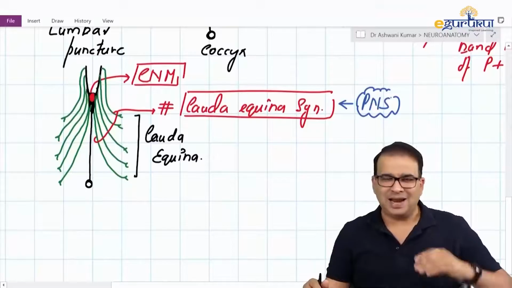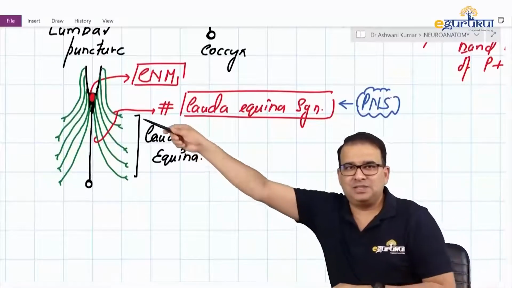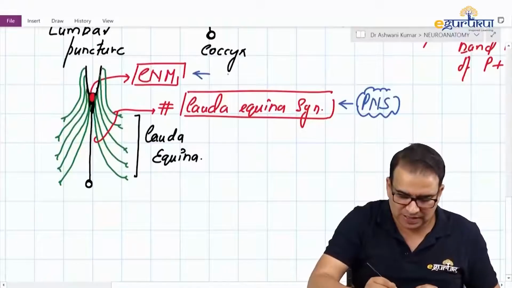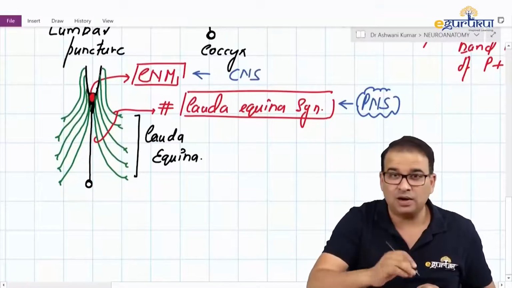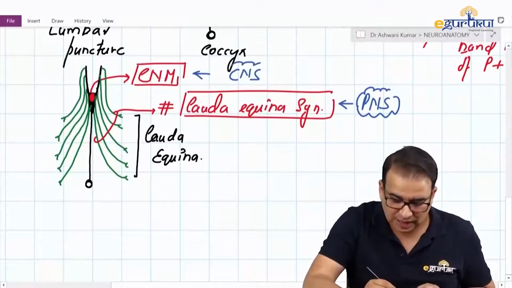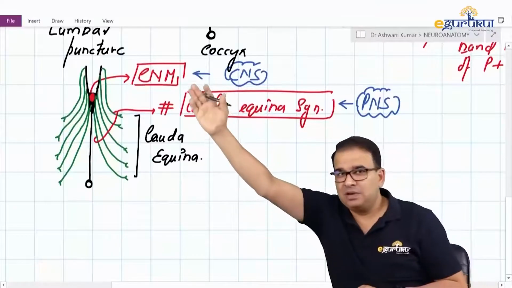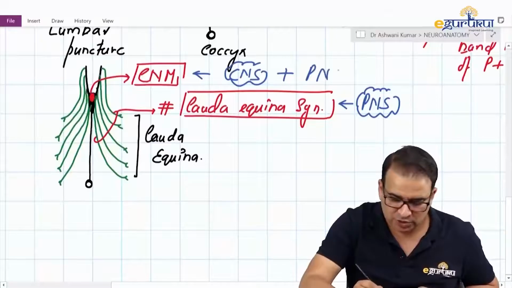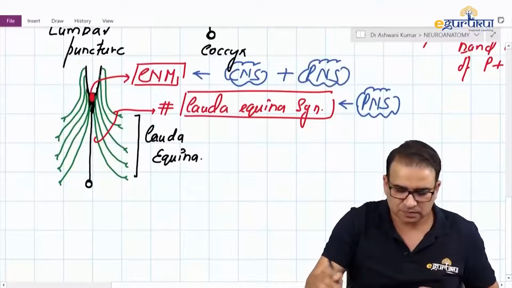But when you look at the injury at the level of the conus medullaris, let's say the injury is at this level, first of all, it is a type of injury to what? CNS. It's an injury to the spinal cord directly, so we have injury to CNS. And on the side, you can see some nerves coming out and down, so this will also show some features of injury to the PNS, peripheral nervous system.